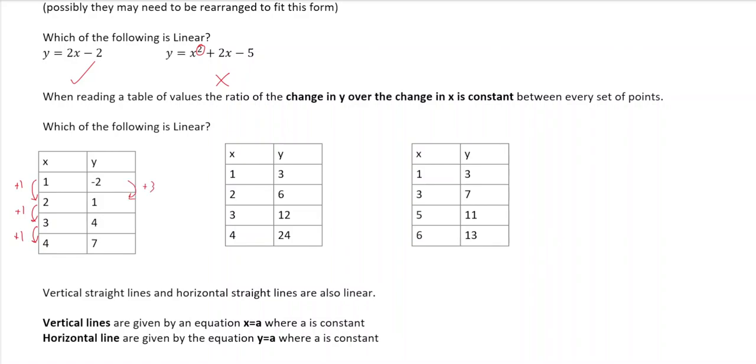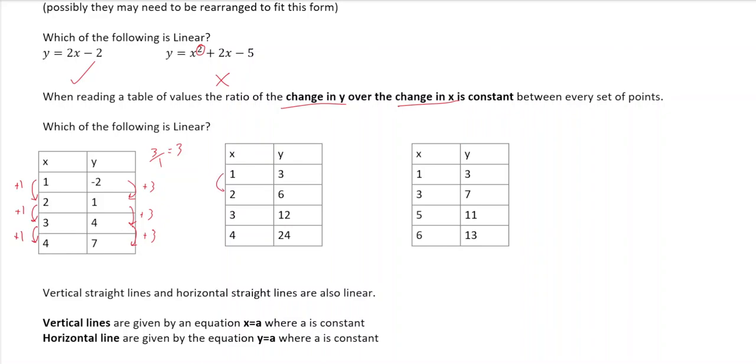Plus 3, plus 3, plus 3. So the ratio is 3 over 1. Rise over run, or change in y over change in x. So 3 over 1, so it's 3, and that's true for every single one of these sets. Okay? So make sure that you do that part.